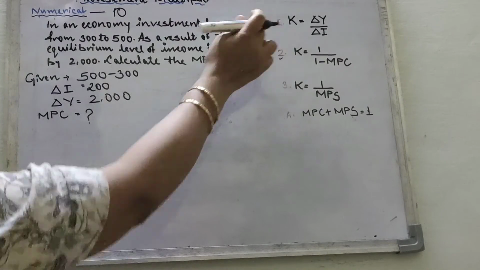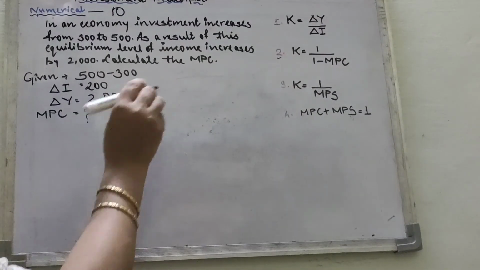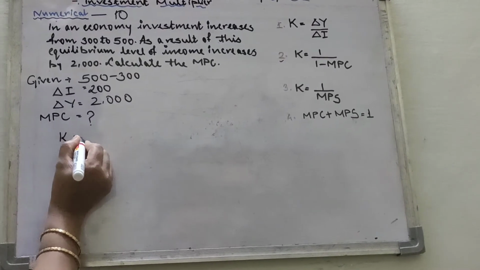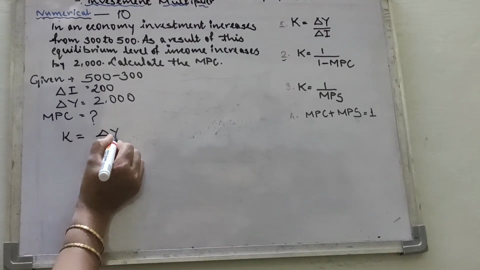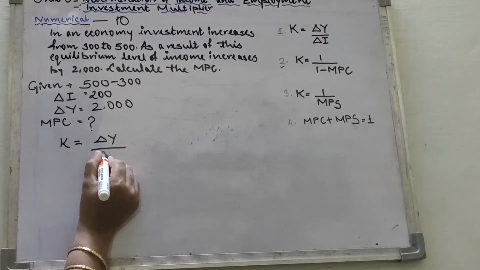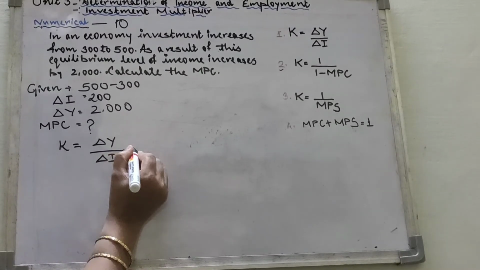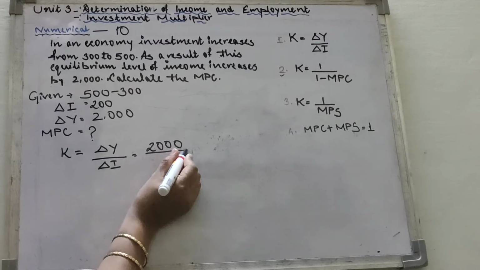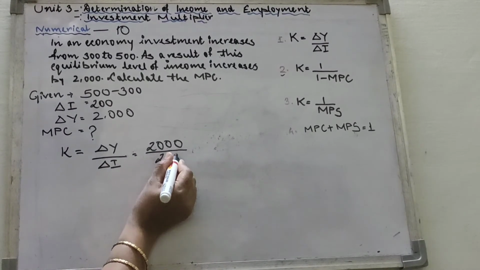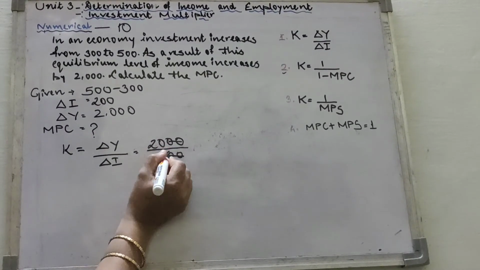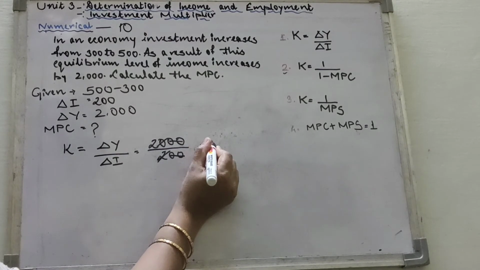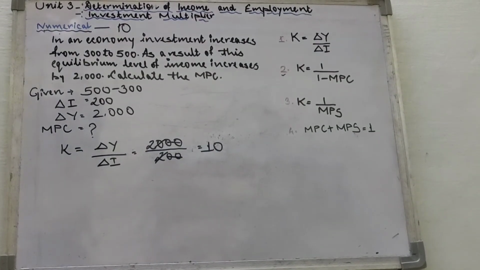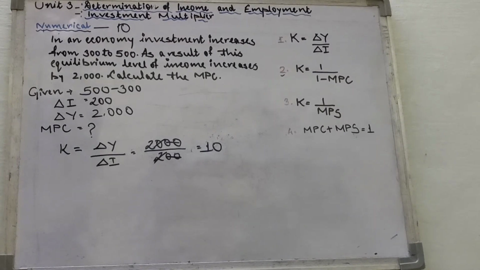How will we find the multiplier? K is equal to delta Y upon delta I. Delta Y is 2000. Delta I is 200. Therefore, K is equal to 10. Once we got the 10, now we can easily find MPC.